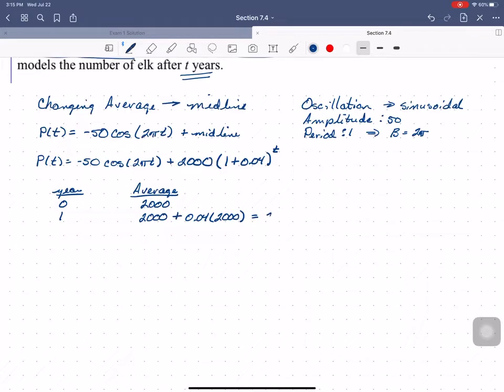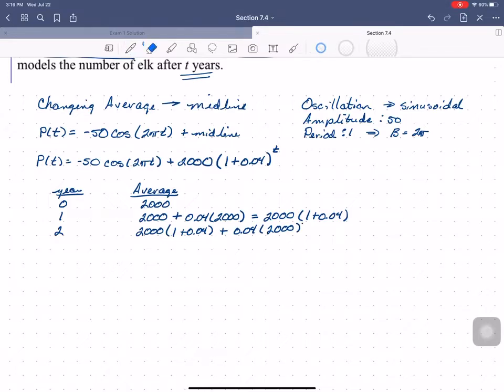And we could write that as 2,000 times 1 plus 0.04. Okay, so now in year 2, it's whatever I had in year 1, which means 2,000 times 1 plus 0.04, plus 0.04 times all of that, because it's a 4% increase.